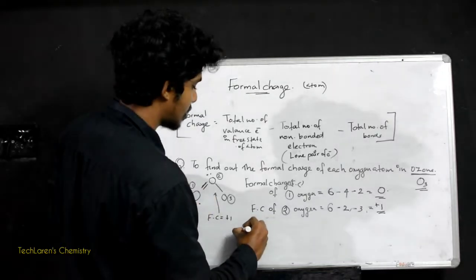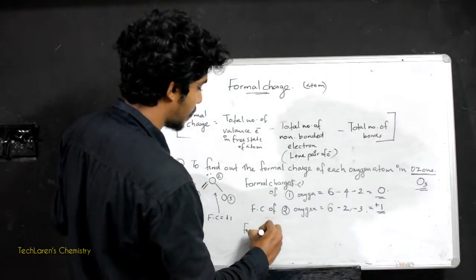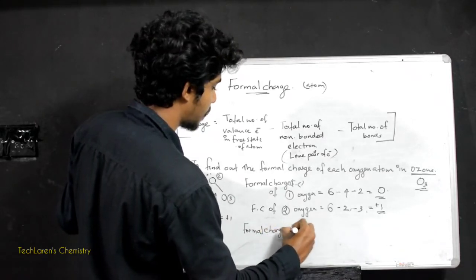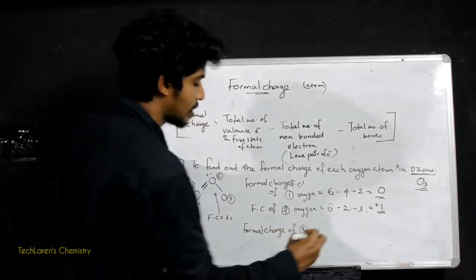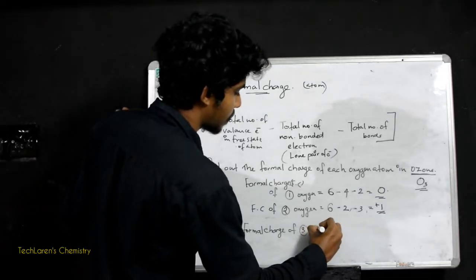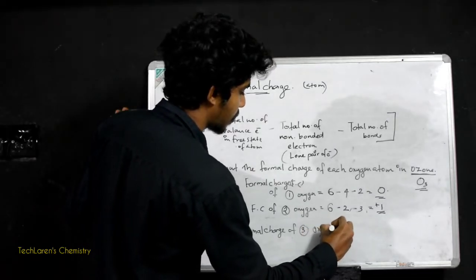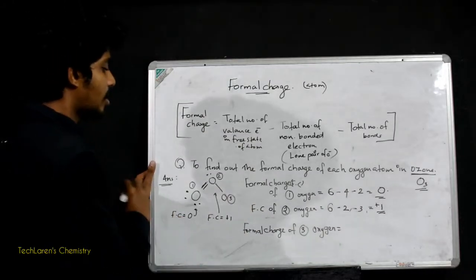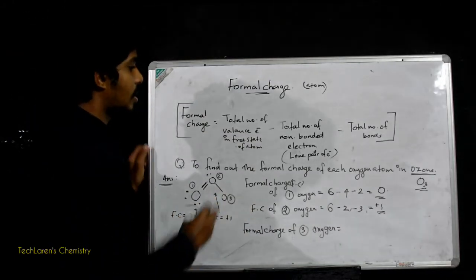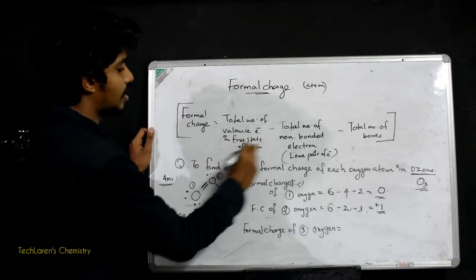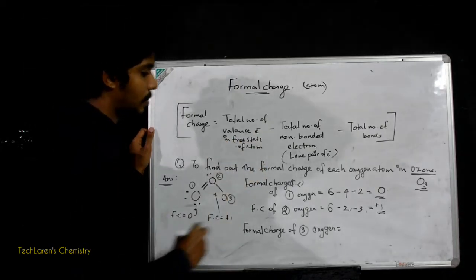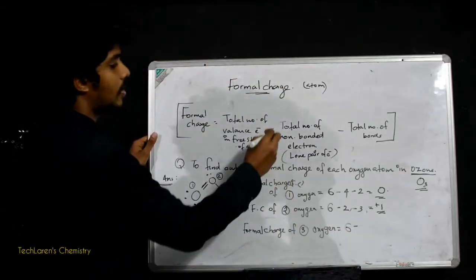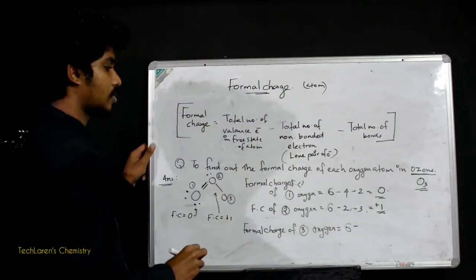Formal charge of the third oxygen. Here, considering the third oxygen, the total number of valence electrons in the free state of the atom is equal to 6 electrons, minus the total number of non-bonded electrons.